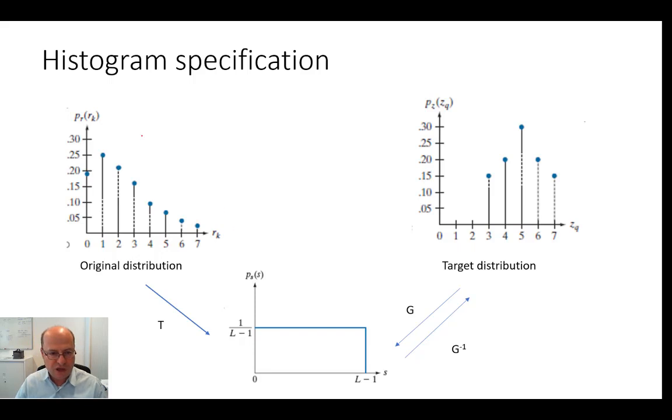Let's say we have here the original distribution on this side, and this is the target distribution. This is input. In this case, for histogram specification, I pre-specify as a user the kind of histogram shape that I want to transform my image into.